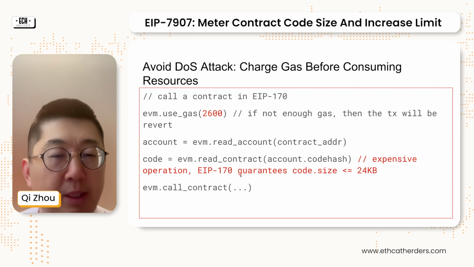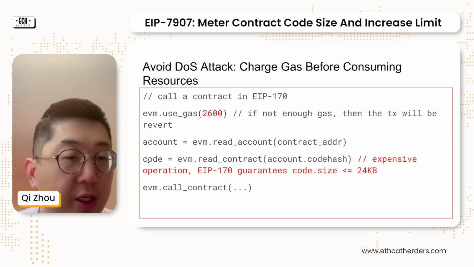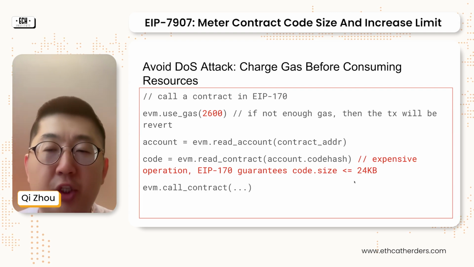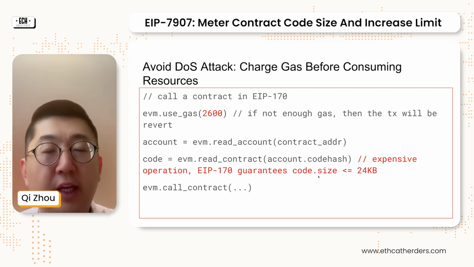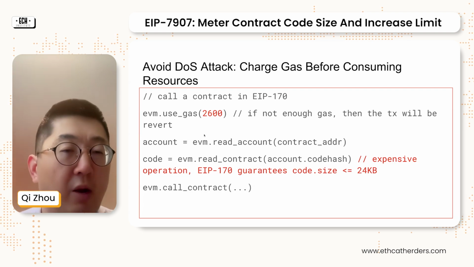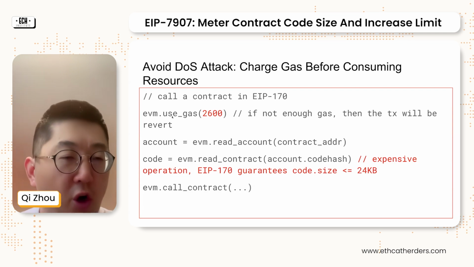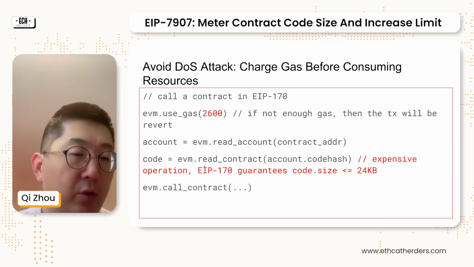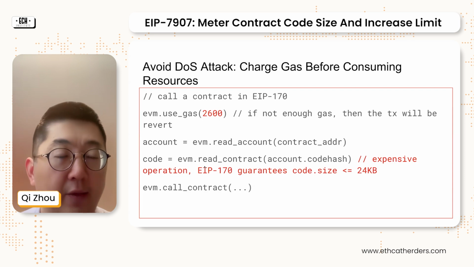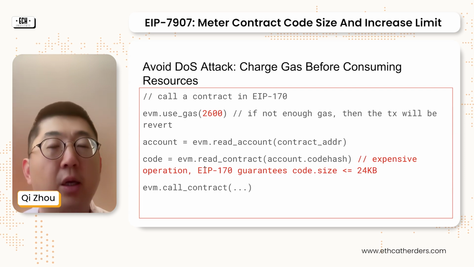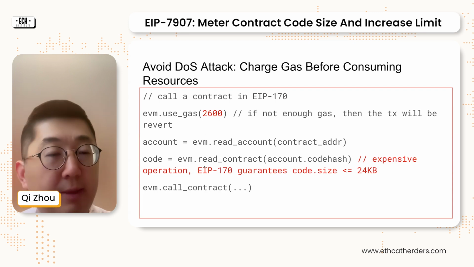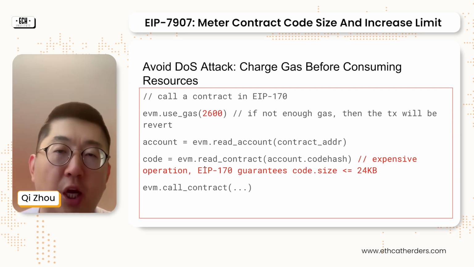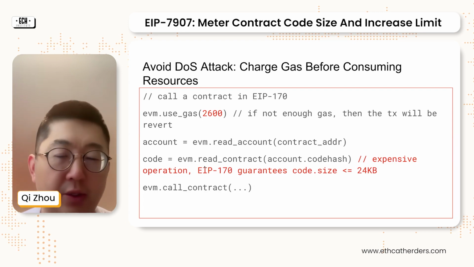So thanks to EIP-170, we can make sure that reading a contract is less than 24 kilobytes. So we can safely assume that this is covered by the 2,600 gas price that we previously charged. So we don't need to be concerned about the DDoS attack, and we can make sure the total number of bytes read from the code is just hundreds of megabytes, using this charge-gas-first approach before consuming the resource.